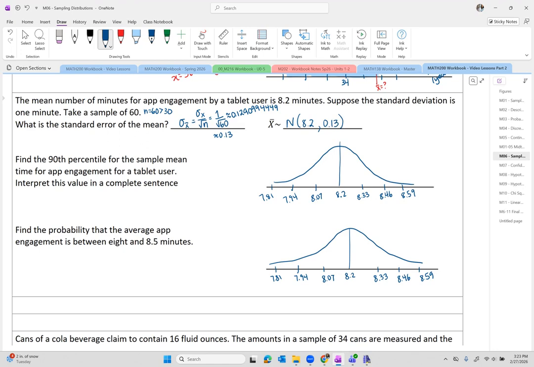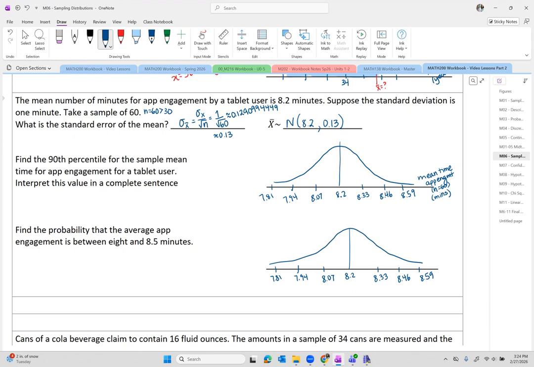And we will sketch our normal distribution curve, which is symmetric and bell-shaped, and we will label this to be the mean time for app engagement for samples of size 60 and measured in minutes.